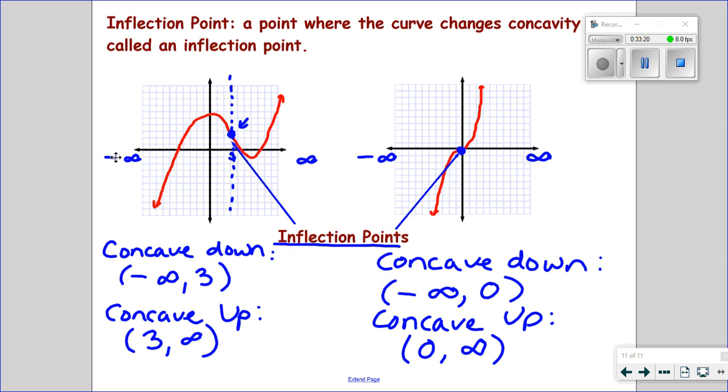And then x equals 0 is our inflection point, because that's where the change happens. So I'm just going to put IP for inflection point. And then over here, our inflection point was at x equals 3.